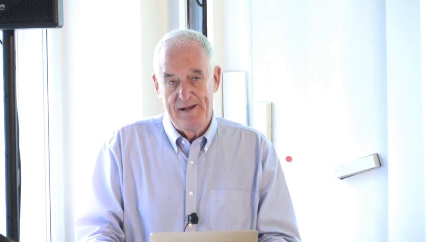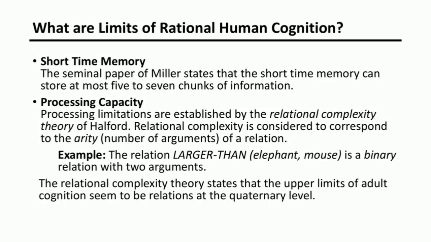The other limit is the capacity of our short-term memory. And there is this seminal paper by Miller. It says that we can store 5 to 7 chunks of information at the same time in short-term memory. By chunks of information, we mean we put something together which can be handled as a single concept.